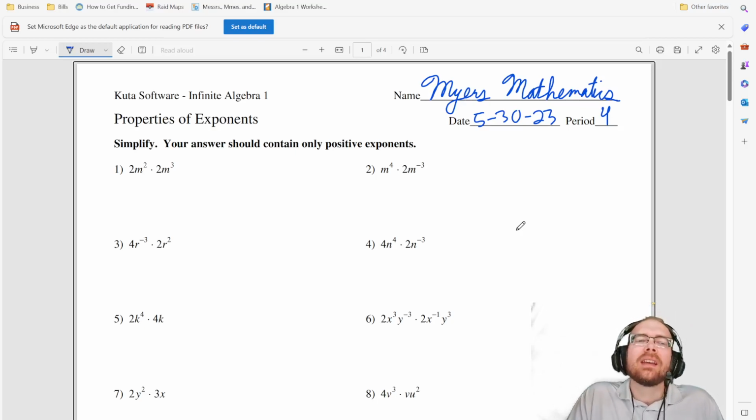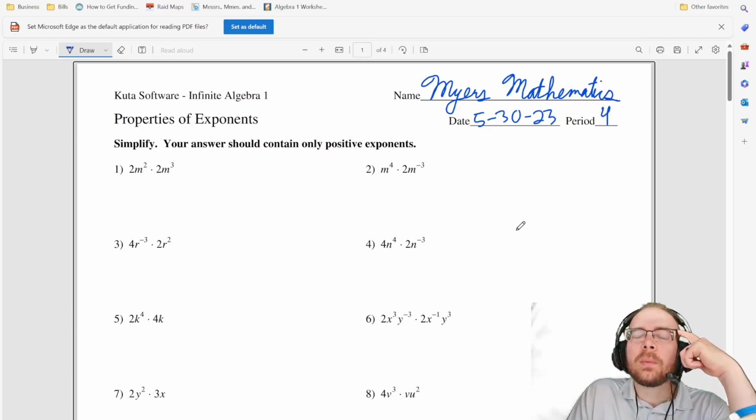This is an Algebra 1 video, properties of exponents, and we're tasked to simplify. Just one word. Your answer should contain only positive exponents, they say, so we want to keep that in mind as well.